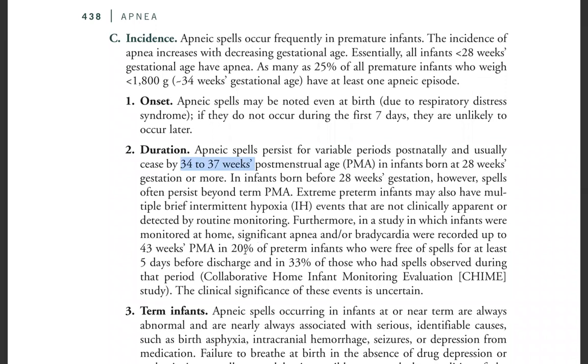The longest documented is 43 weeks. They may ask this question in your viva also: if you talk about apnea of prematurity, till when is the longest you may record apnea. If you answer all questions very well, such questions may come in your viva and in your case discussion of neonates also.